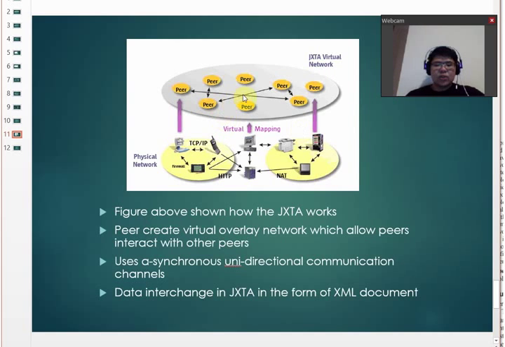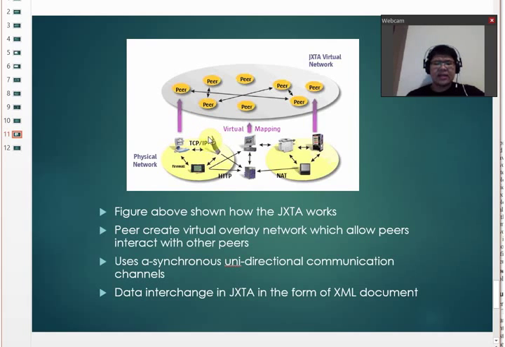The diagram shows how JXTA works. JXTA peers create a virtual overlay network which allows peers to interact with other peers even when some of the peers and resources are behind firewalls and NATs or use different network transports.